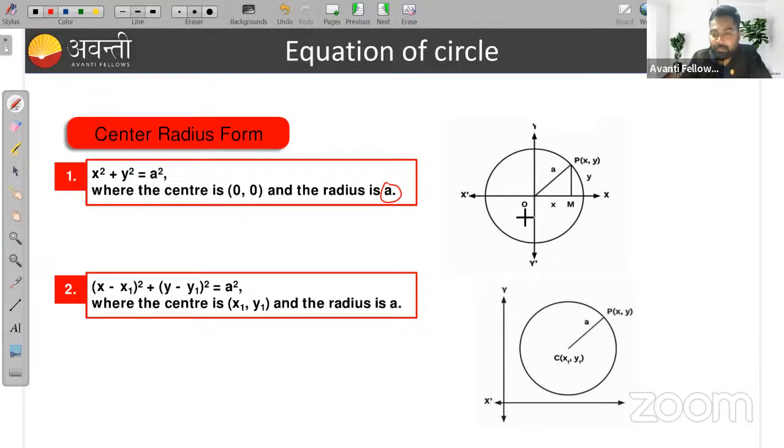See, the coordinate of origin is 0, 0. And we have a moving point P such that the coordinate of P is (x, y).